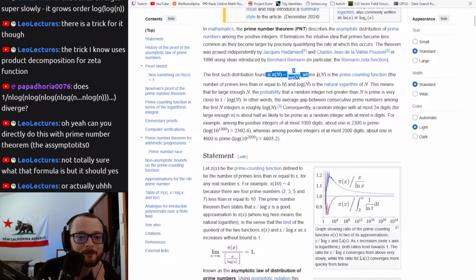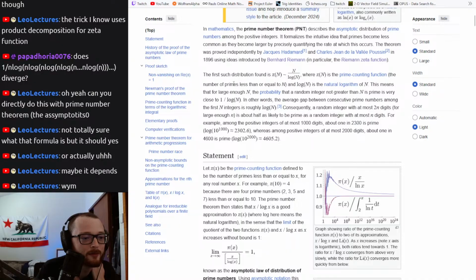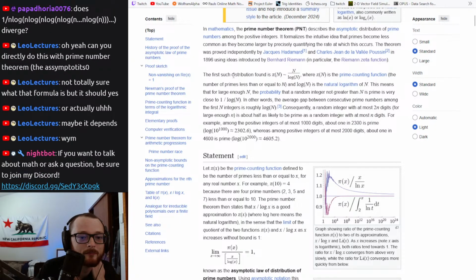The prime counting function. N over log n? So we want a bound from below. If the smallest prime number is 2, we could bound it below by 2 times pi of n. And n over log n is certainly going to diverge.